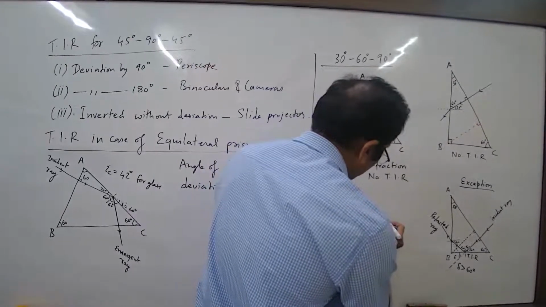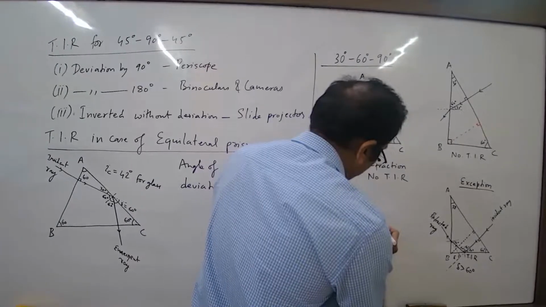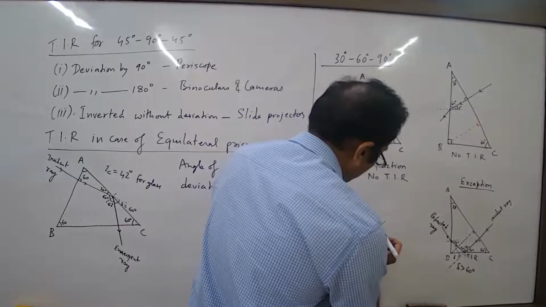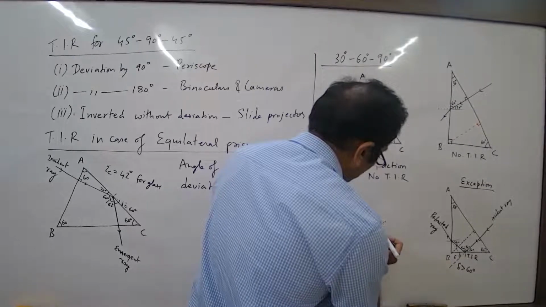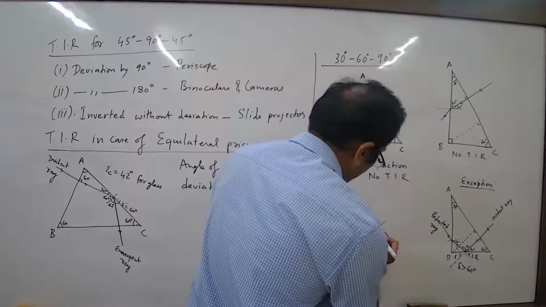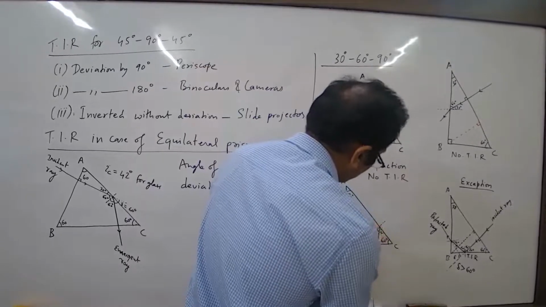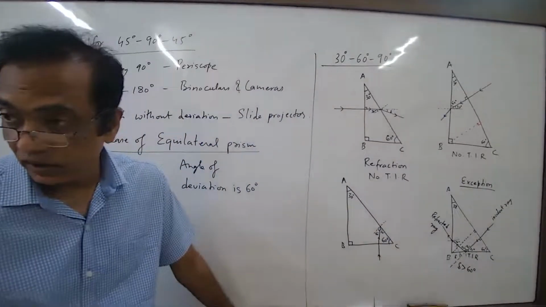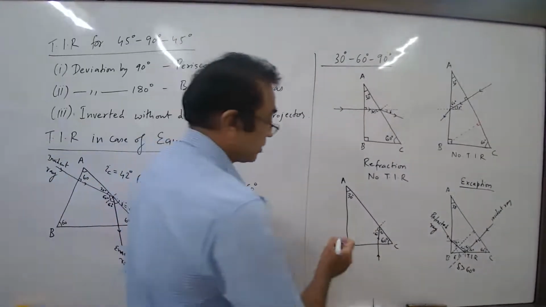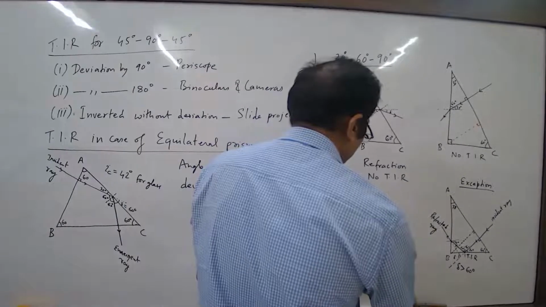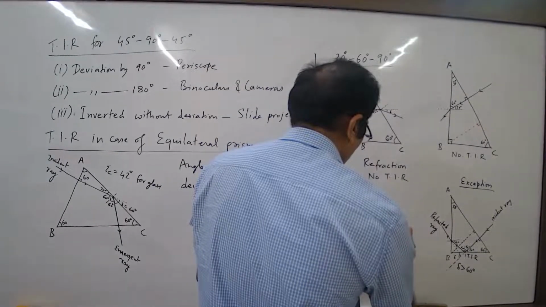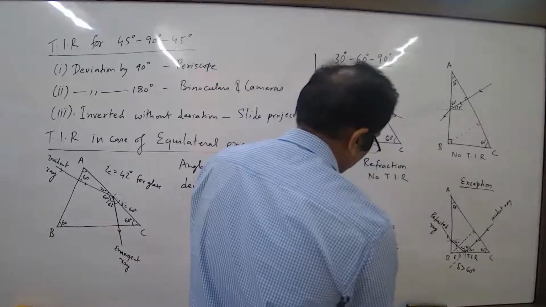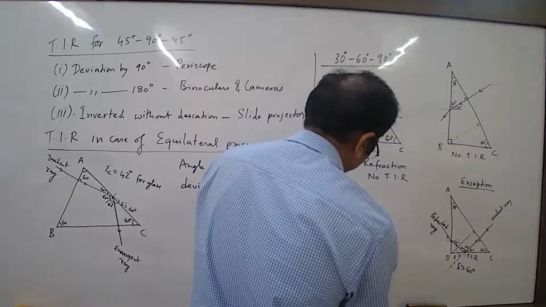So what is the angle of incidence? This is 60, so this is 60. 60 is greater than critical angle, so it will suffer TIR over here at this point.